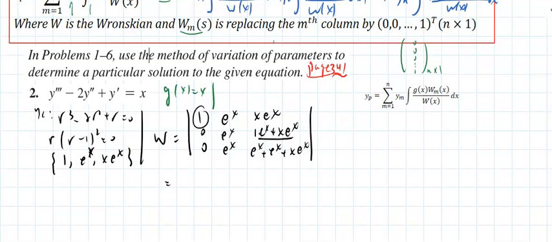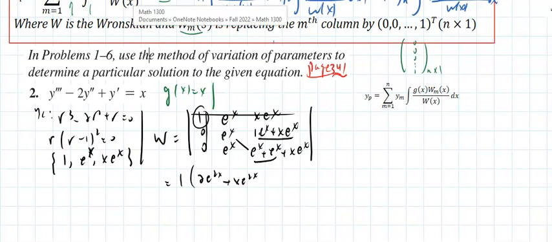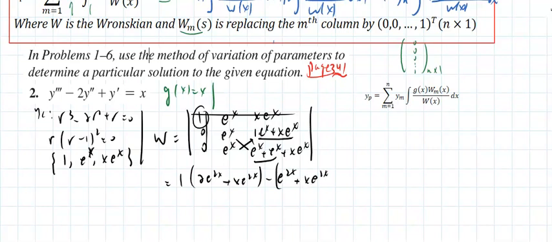I pick the first row, that's 1 times cross its row and column, that is e to the x, that's 2 of those. So e to the x times 2e to the x is 2e to the 2x, plus x times e to the 2x, minus e to the 2x plus x e to the 2x.